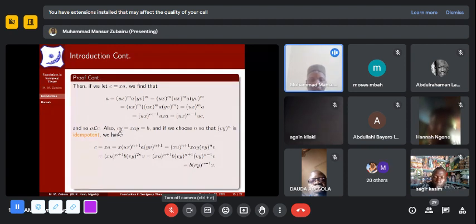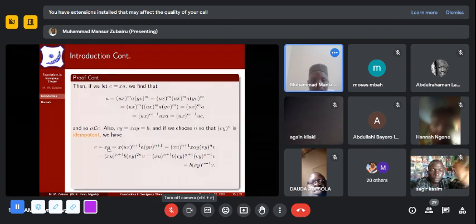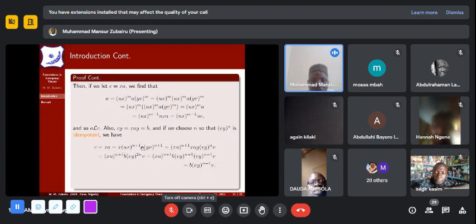Also, cY is XAY, and XAY we have seen from the previous slide is B. And if we choose n so that VY to power n is an idempotent, we see that c is equal to XA, and this is equal to A. You can write this as UX to power n plus 1 operation A, by n plus 1.